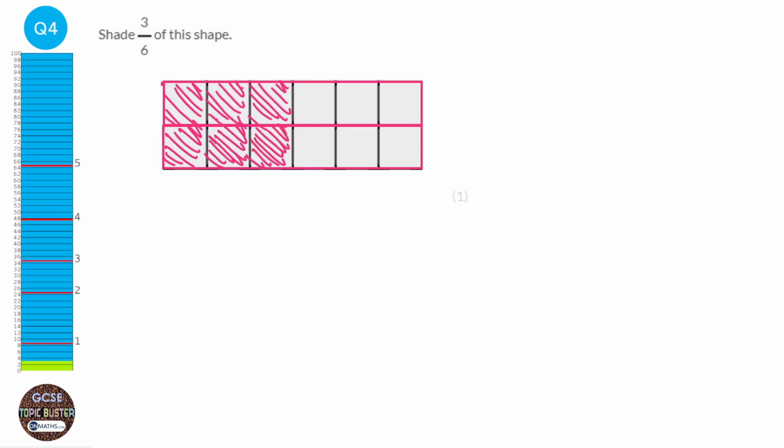And that's our answer. Now you might notice that 3 over 6 is the same as a half, because we can divide both by 3, so all I need to do is shade in a half. Or you might convert 3 over 6 into 6 over 12, and there are 12 squares altogether, so it's 6 of the 12 squares. There are lots of ways of doing this question.